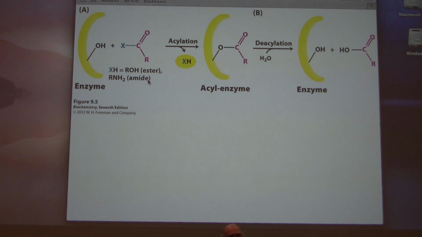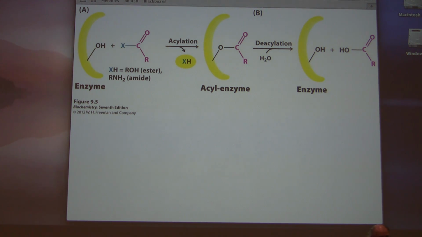Well, it turns out that the mechanism of action of serine proteases involves the formation of a transient covalent bond at the active site. Transient. It lasts for a very short period of time, but long enough that we can see it happen.